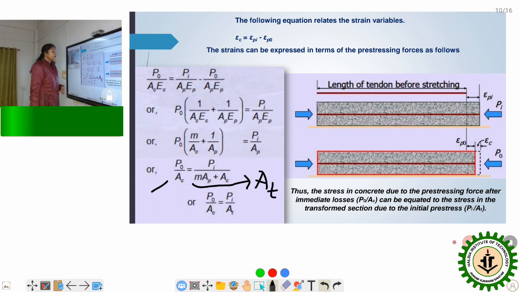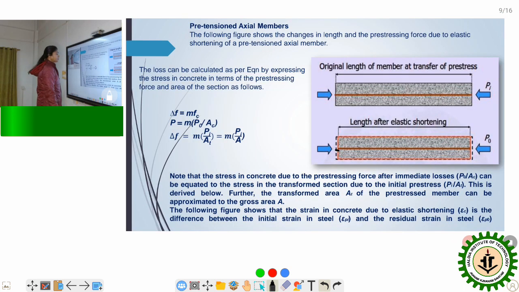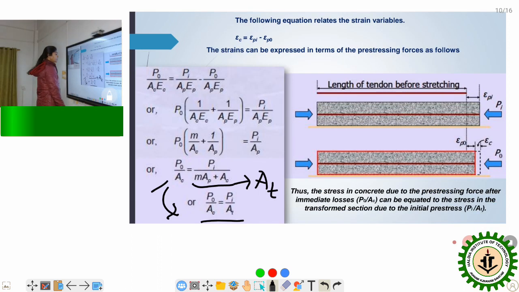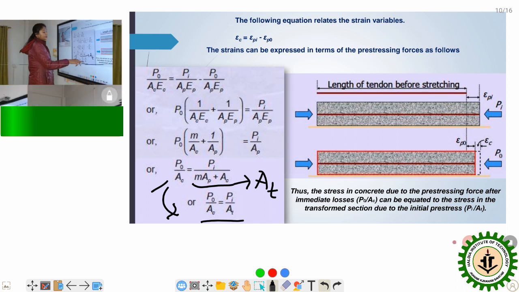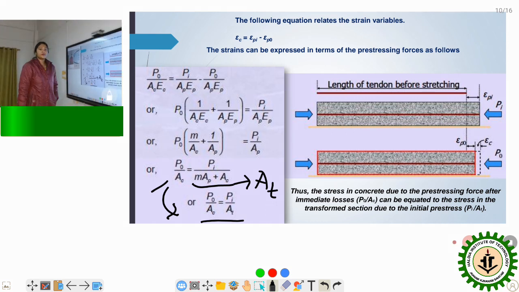So this is the area of the transformed section. So from there we can come to the point that P0 by Ac is equal to Pi by At, which has been shown in the previous slide, right? This is equal to this. The stress in concrete is equal to the stress in the transformed section, right?